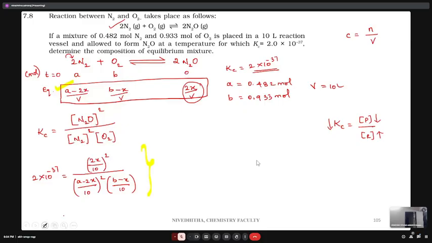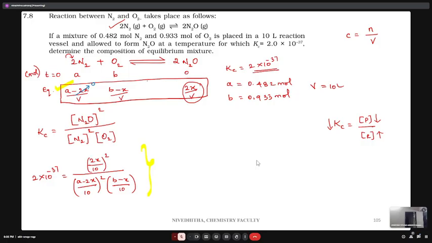Here A is the initial number of moles of nitrogen, from which 2x quantity was involved in the reaction. Since the Kc value is very much less, what we can assume is the quantity of nitrogen involved in the reaction was very much less. Actually, it is so insignificant, so this tends to 0.